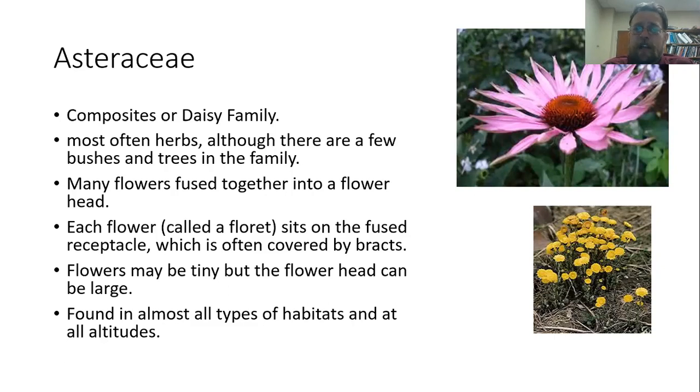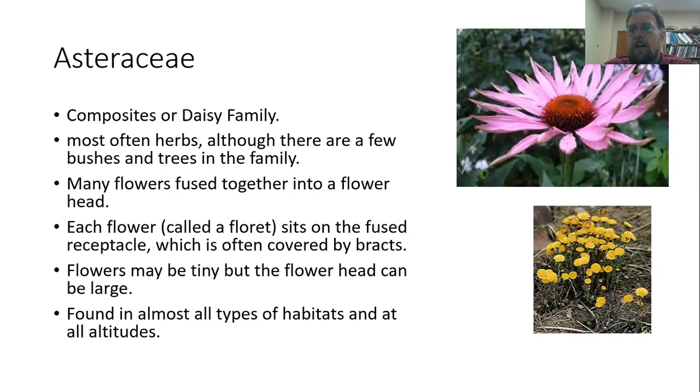Now, most of these plants are going to be herbs. There are a few that are larger that might be bushes or trees. What's really significant in terms of the structure of these plants that groups them together is the way that their flowers are arranged. The flowers are actually many flowers all fused together into a larger flower head.